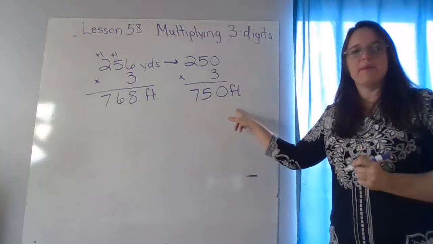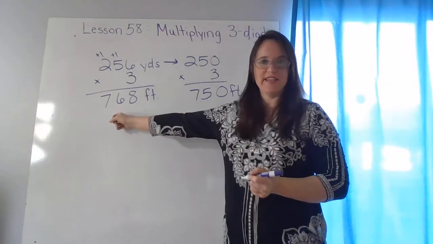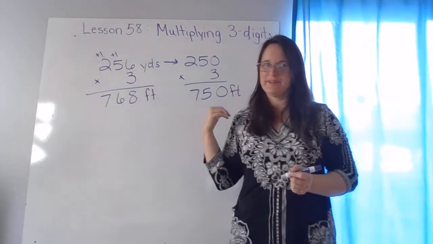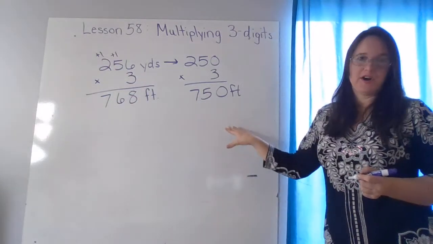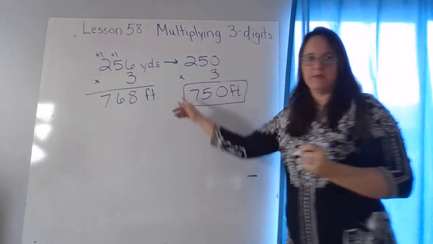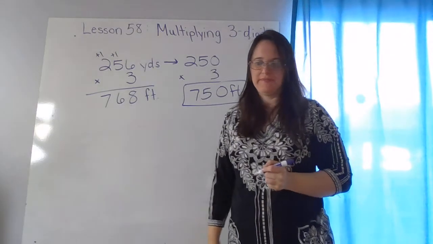And this is my approximate answer. Is it close to my actual answer? Yes, absolutely. So doing this, I kind of checked my answer, but if this were a homework problem for you, this is the one they would want. This answer would not be listed in the answer key.